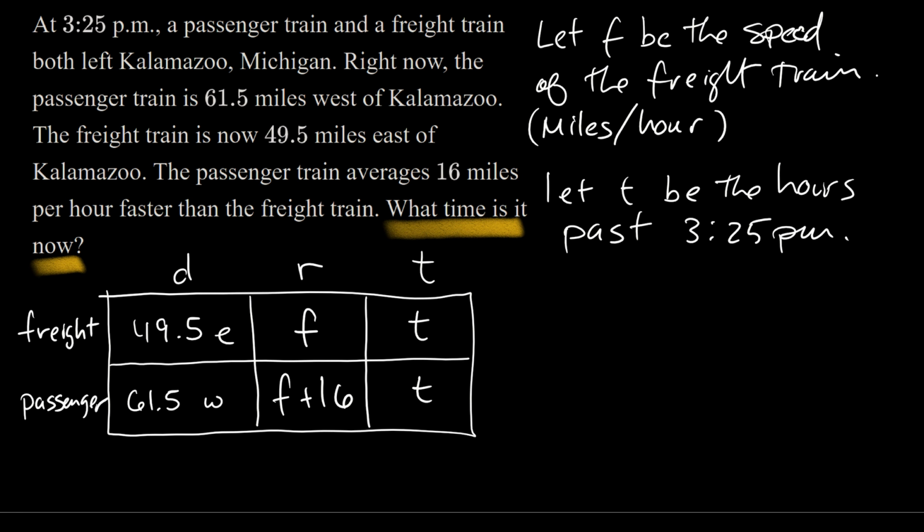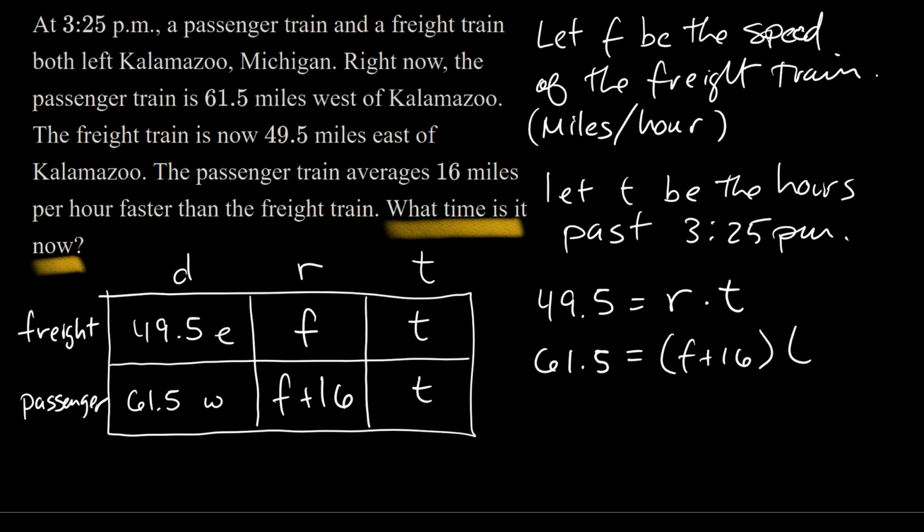Actually, this is kind of a nice system of equations, isn't it? So, distance 49.5 equals rate times time. And the other equation is 61.5 equals rate, here F plus 16, times time.